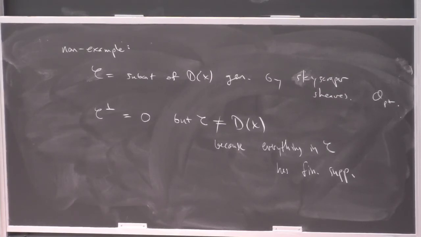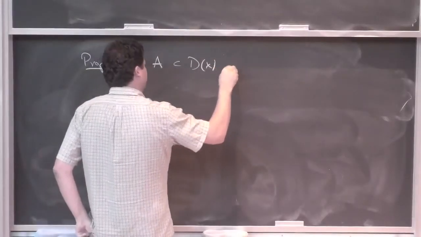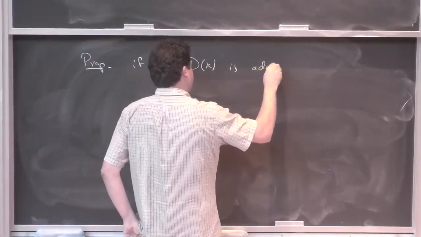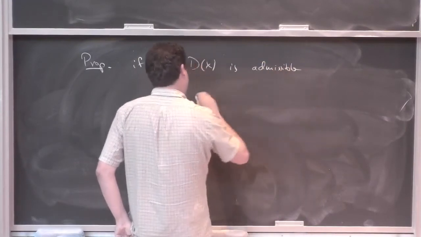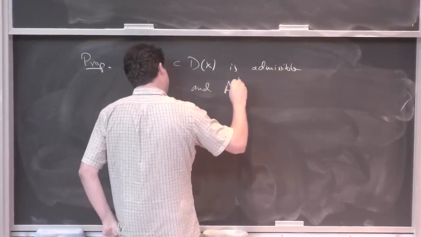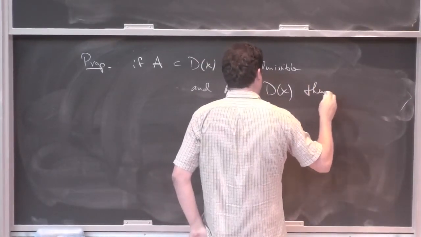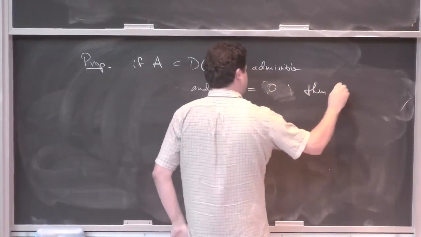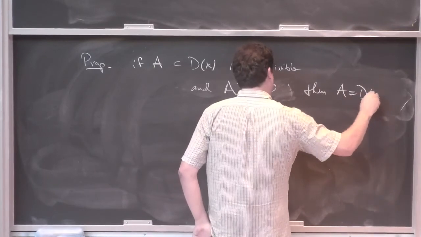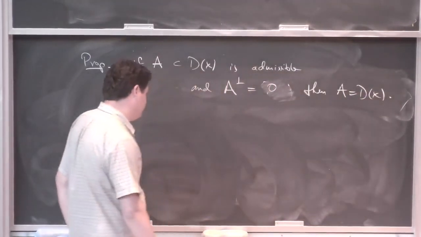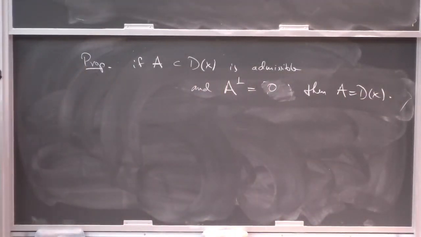Proposition: if A in D of X is admissible and A perp is 0, then A is D of X. So let's do that now and then break and do exercises and eat lunch.